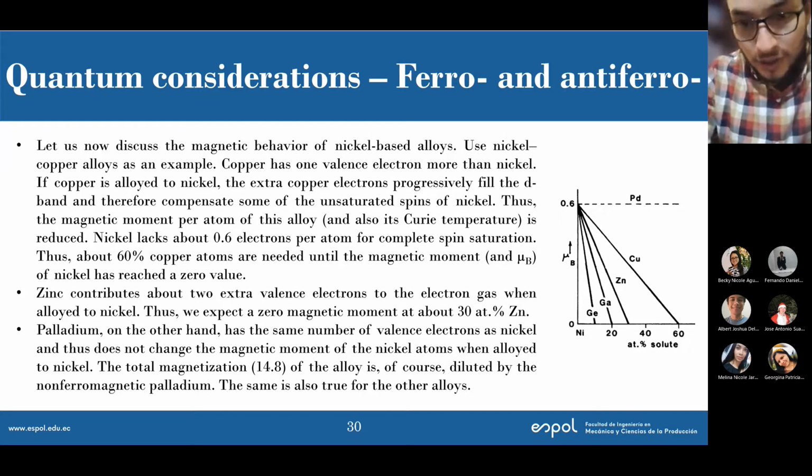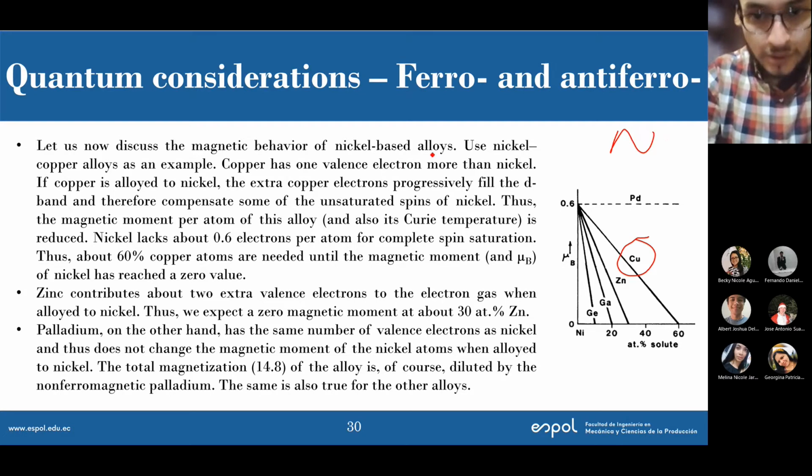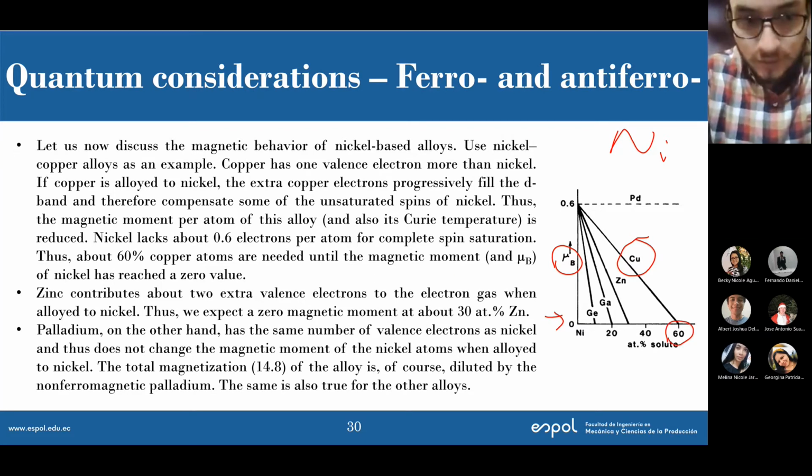And that's what you see here. So look at copper. This is for nickel, right? Magnetic moment, or Bohr magnetons, which is equivalent, reaches a value of 0 once copper reaches 60%.